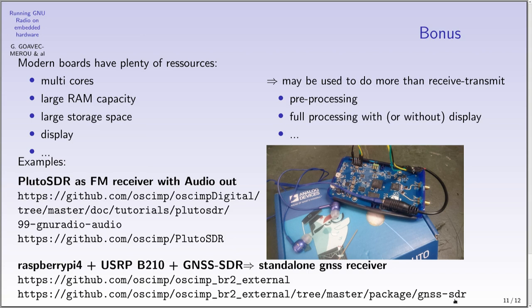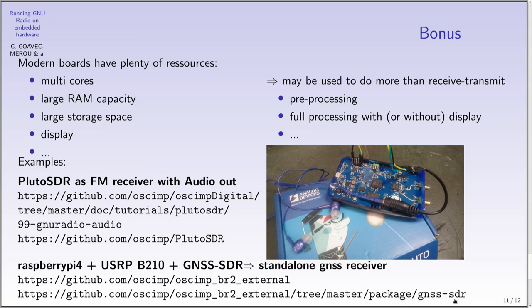GNSS-SDR is not officially in Buildroot. There are some prerequisites to fix before contributing this package. So currently it's available again in OSCIM underscore BR2 underscore external, and more precisely in the package named GNSS-SDR.